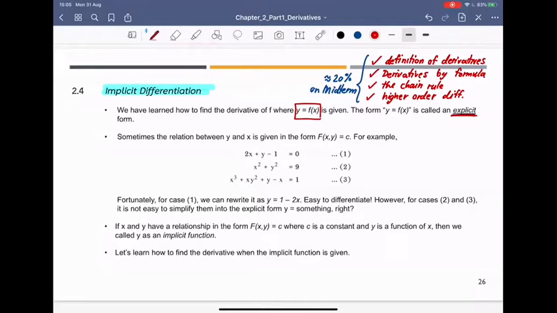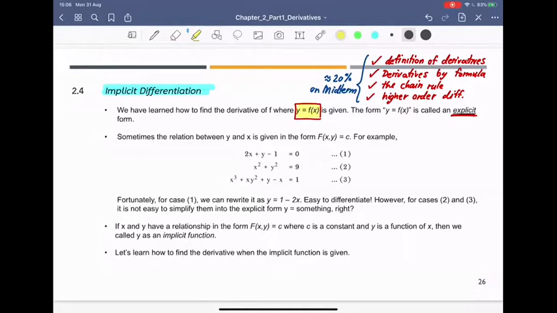We call it explicit form because y is on the left hand side and you have y equal to some function of x. So it is easy to understand, and x and y are separated on each side, so you don't have to be worried about the confounding or something.